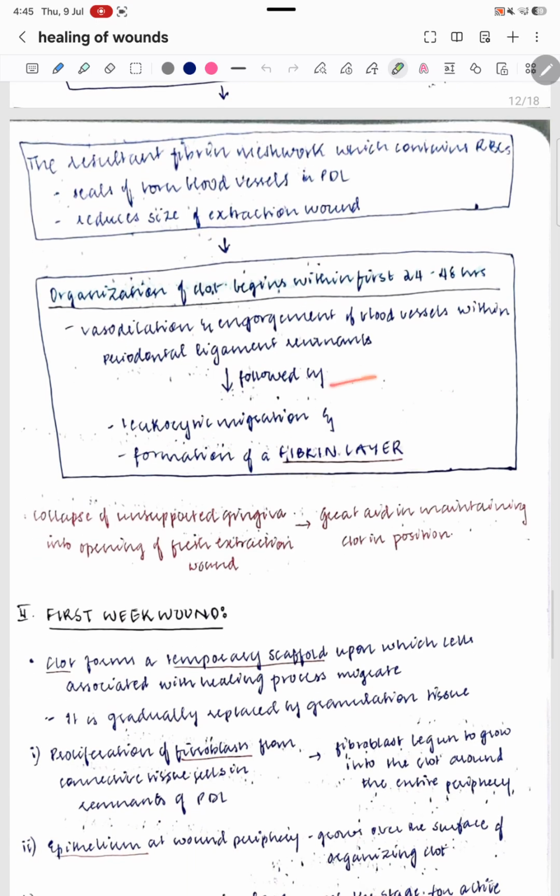So this meshwork has engorgement of blood vessels within the PDL, and these blood vessels dilate. Leukocytic migration also occurs, the clot forms, and then there is formation of a fibrin layer.